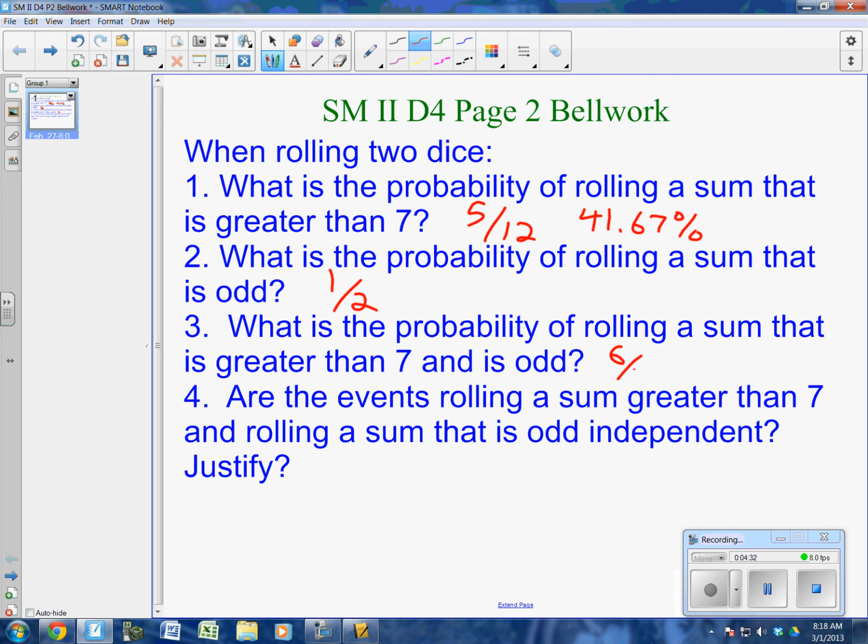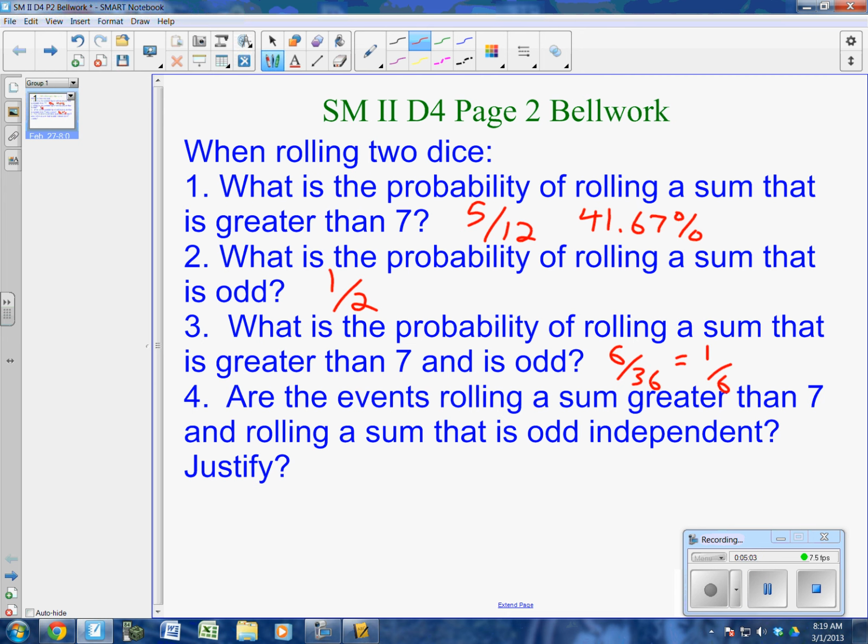Okay, so there are 6 odd numbers that are greater than 7. What are they? The 9s and the 11s, right? 4 9s and 2 11s. Is that right? Yes, that would be right. And that's 1/6. Good.